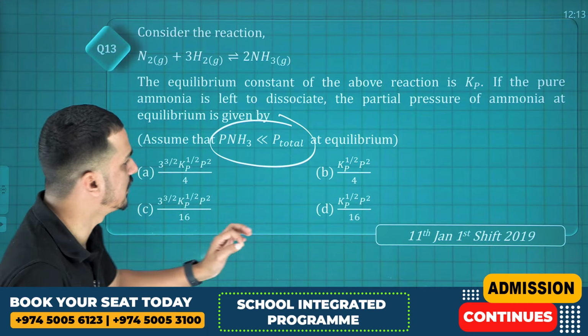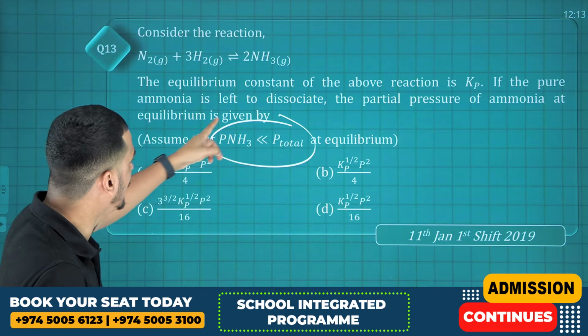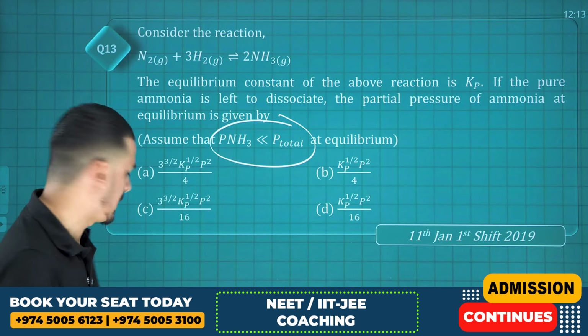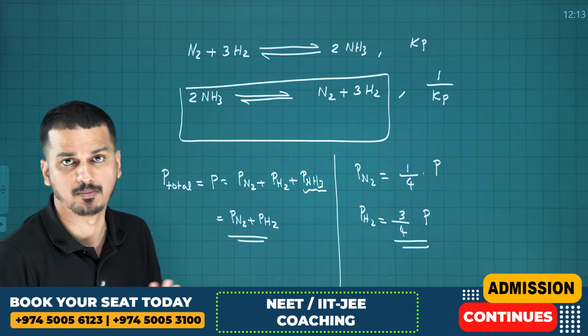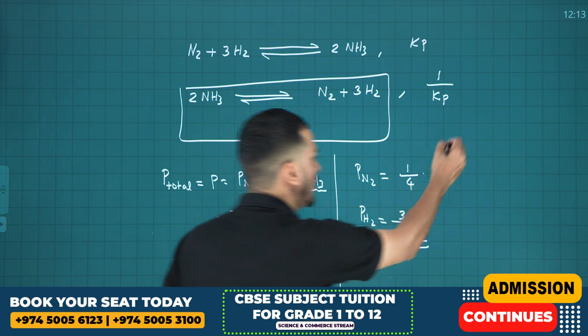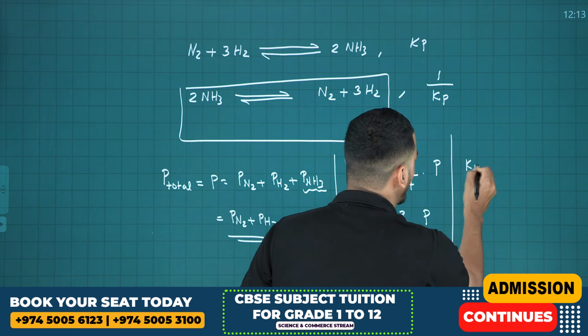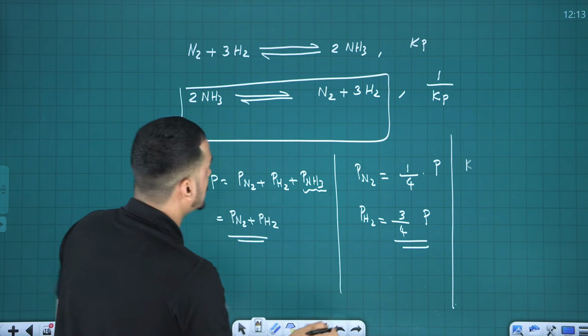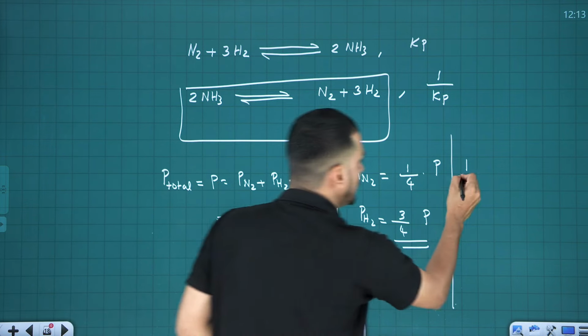Now, what are they asking us to find out? They are asking us to find out the partial pressure of ammonia at equilibrium. So we know the relation for this reaction: the equilibrium constant is 1 by Kp.